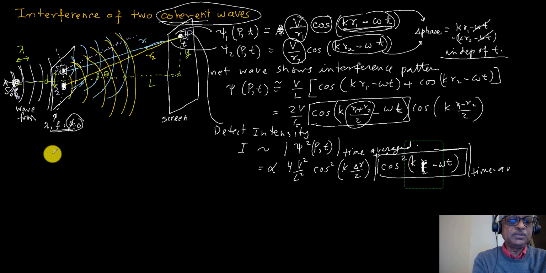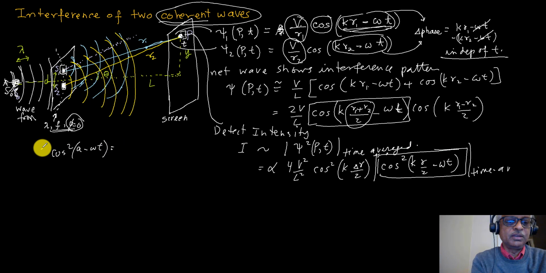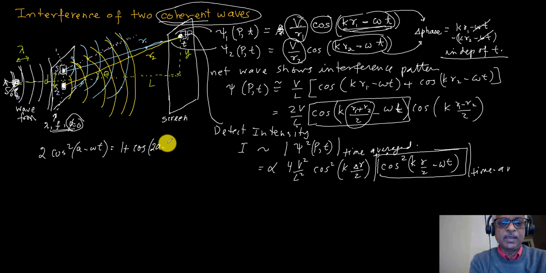So if you look at a cosine square, let's call this whole thing a minus omega t. That equals, if I have two of this, 1 plus cosine 2a minus 2 omega t. Okay.